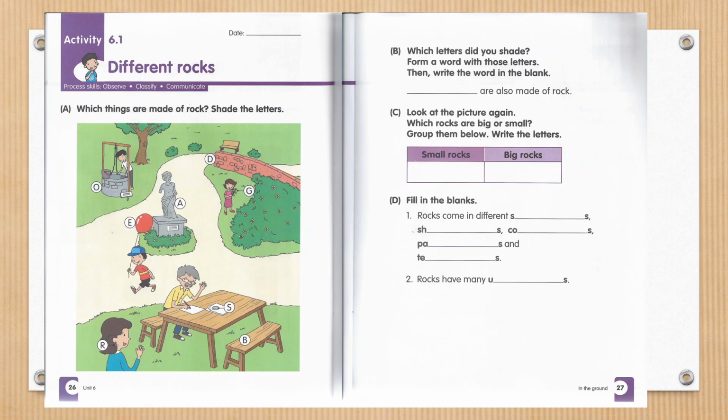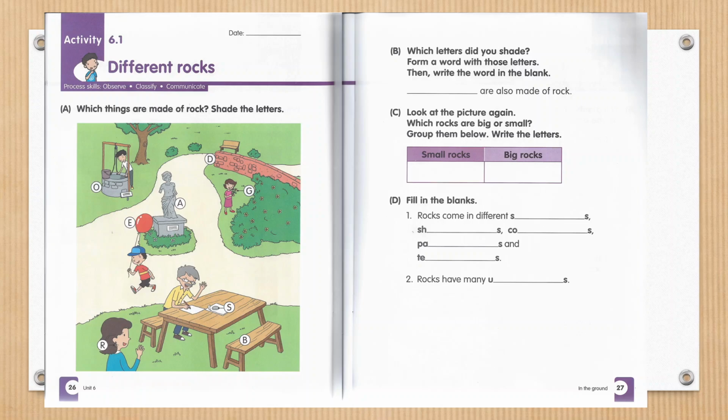Some of the letters that you should shade for this activity are letter O, the well, letter A, the statue in the middle, letter D, the wall, letter S, the rock on the table, and letter R, the earrings that the woman is wearing.